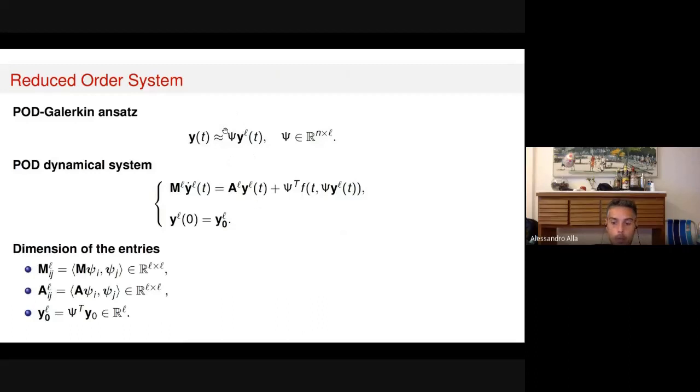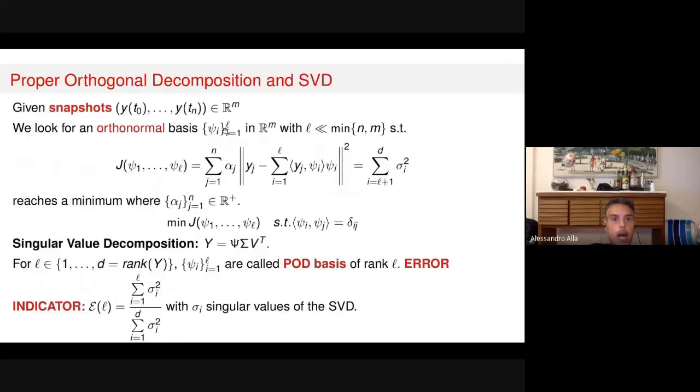Question: how do we compute the basis? First of all, we need some snapshots. Snapshots means that we have to solve the original problem for some time instances. Then we look for an orthonormal basis such that we minimize the distance between the snapshots and their orthogonal projection onto those basis functions. The number of basis functions that we are looking for is just L, in order to get few basis functions.